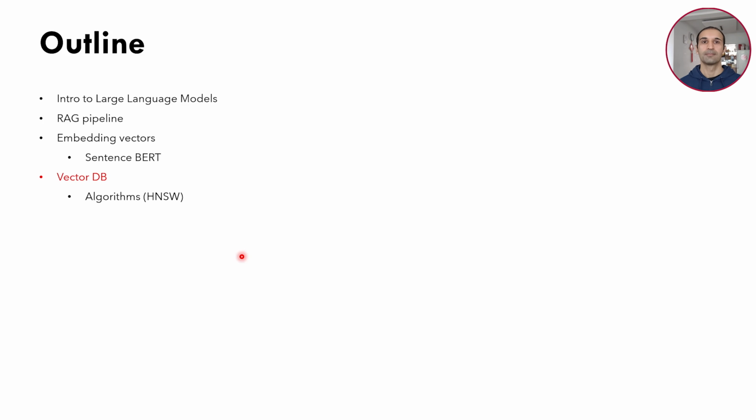Let's talk about vector databases, what they are and how their matching algorithm works. So how can the vector database search our query in all the vectors that it has stored?